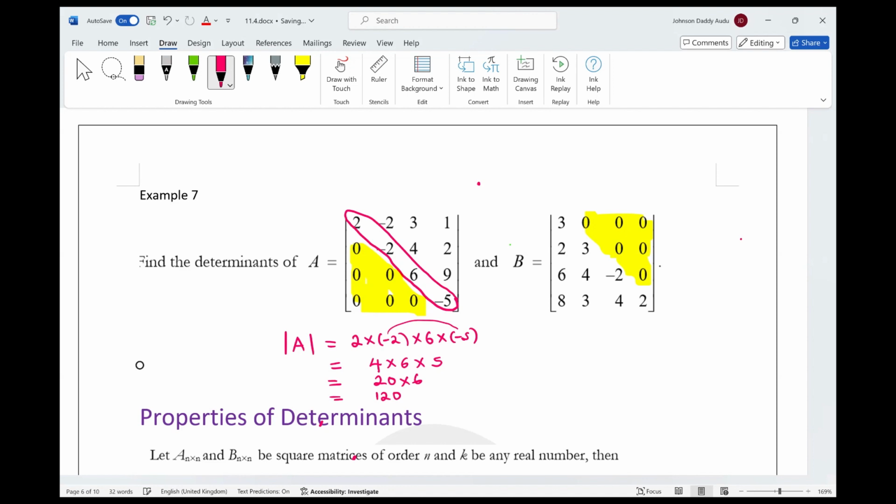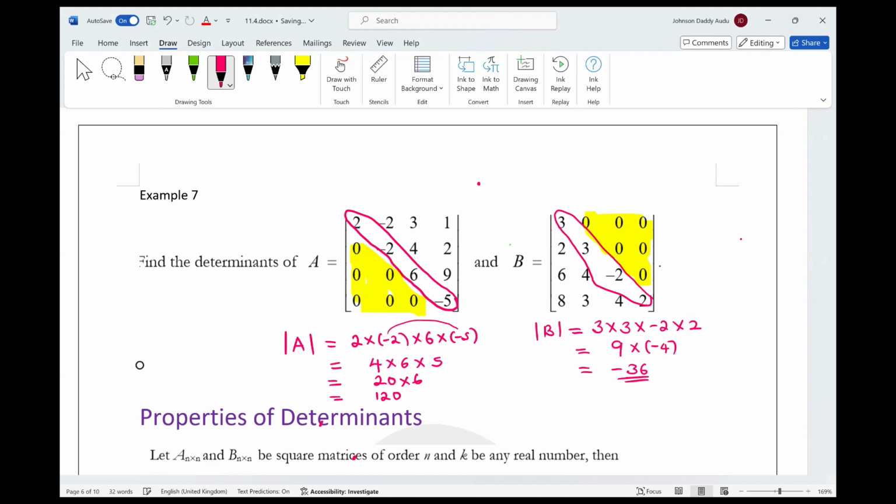Similarly here, this is our main diagonal. Every element above the main diagonal is 0. So if I want to find the determinant of B, you just need to multiply 3 times 3 times -2 times 2. And this will just be 9 times -4, which is -36.